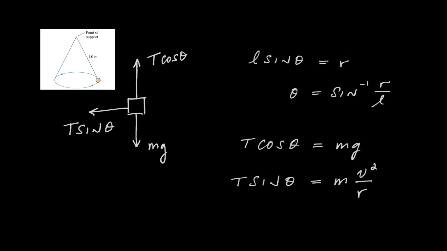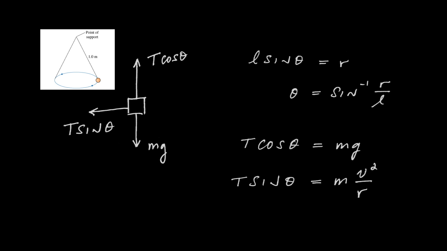I know that it's the sine function that relates the hypotenuse and the opposite side. So I simply write L sine theta is equal to R and solve it around so that the sine of theta is equal to R over L, and therefore the angle is the inverse sine of R over L. Now you know the angle.